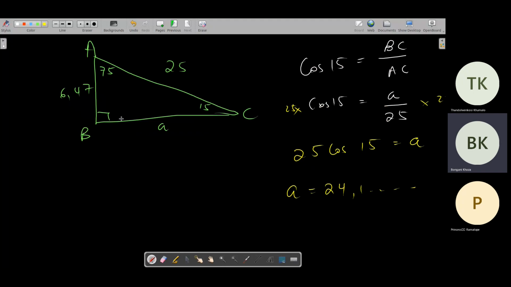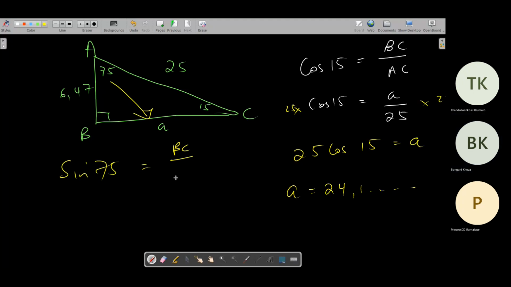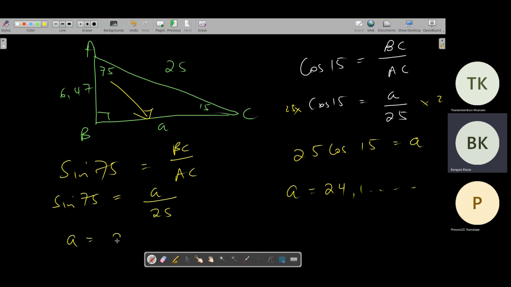So we could have said, since 75 and A are opposite, sine 75 equals A over, what's that side? BC over AC. So sine 75 equals small a over 25, and then A equals 25 sine 75.